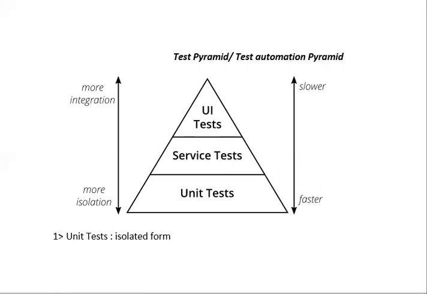We are checking how the functionality is running, whether there are any exceptions or not, and whether it is performing as expected or not. We are testing all these things in this subset.